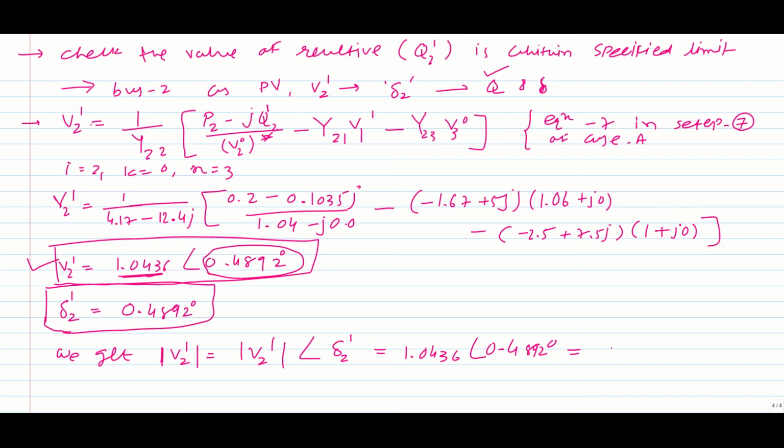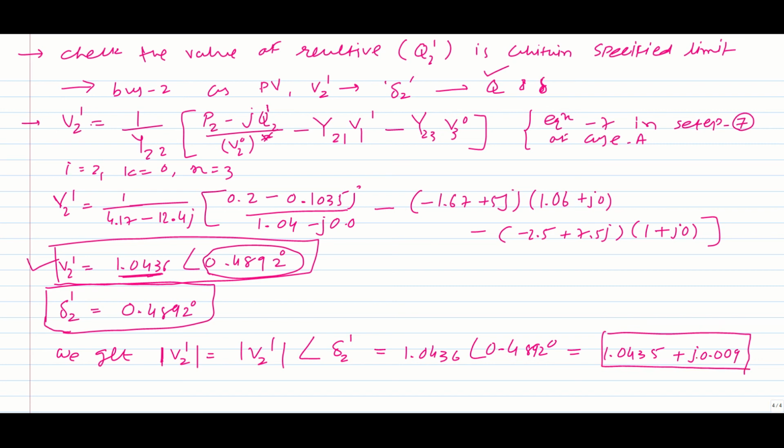In polar form it is 1.0435 plus 0.009. Okay, so this is the final value of voltage at bus number 2 after first iteration.